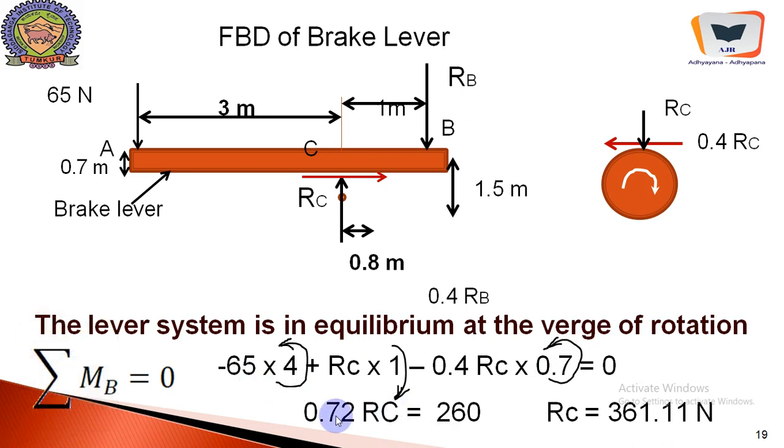Now 0.272 RC will be equal to 260. Therefore RC equal to 361.11. So we have found out RC. Therefore we will be able to find out this particular frictional force, which is equal to 0.4 times RC.